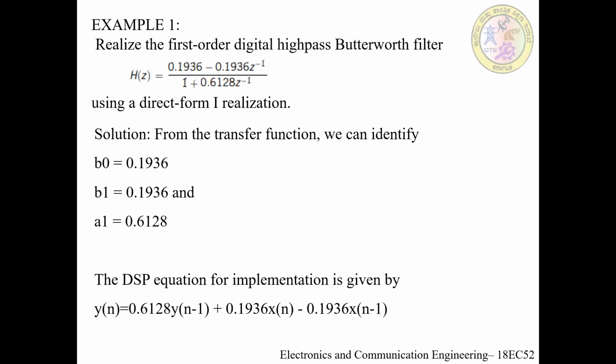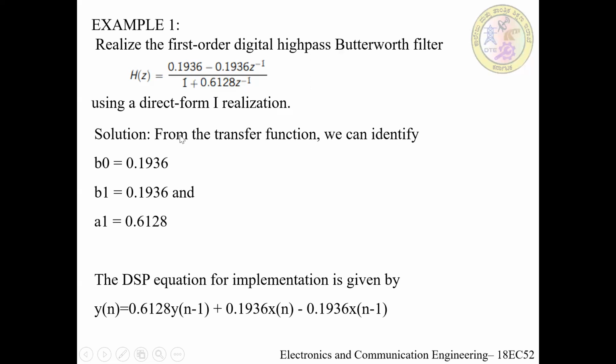Now, let us take an illustrative example. What they have asked is, realize the first order digital high pass Butterworth filter, that is H of z is equal to 0.1936 minus 0.1936 z inverse divided by 1 plus 0.6128 z inverse, using a direct form 1 realization.